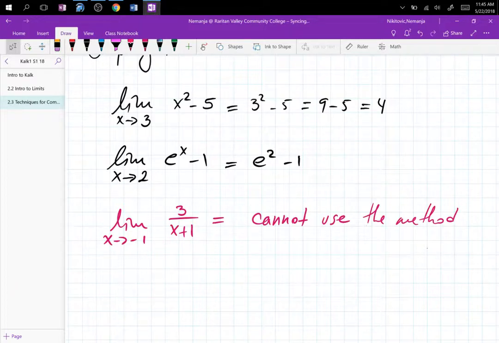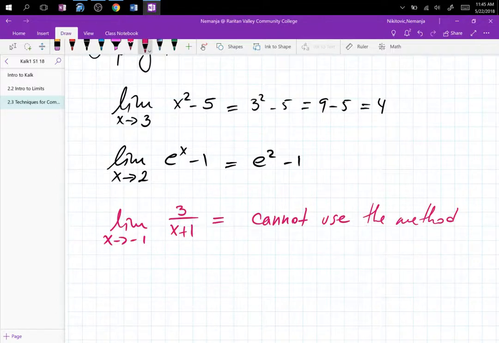And 3 over 0 can be a very interesting thing for calculus. It can mean undefined. In this case, it actually does. But for certain functions, 3 over 0 could actually be a value of some kind. So we have to be very careful about that. You cannot claim does not exist because you got 0 in the denominator.